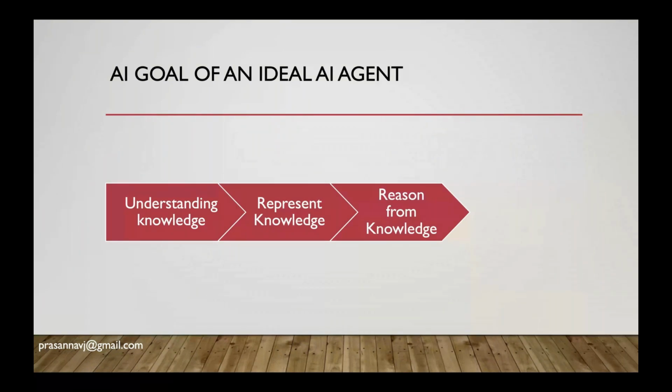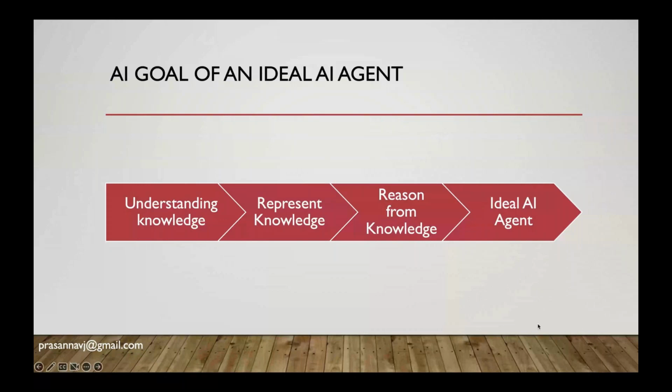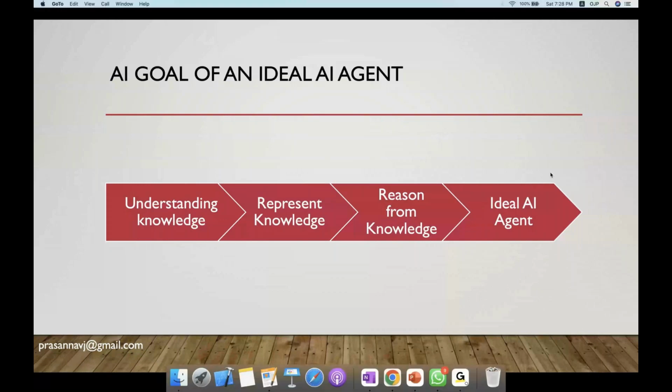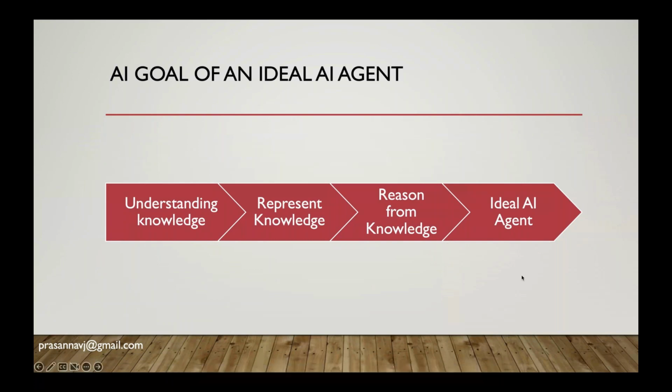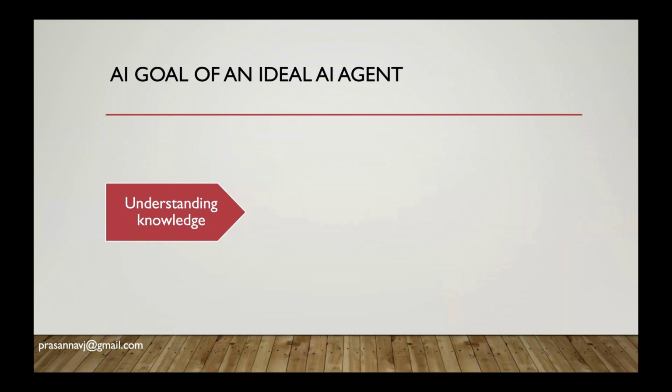It has to understand what is going on in the knowledge as such, and that will enable us to reach the final goal of becoming an ideal AI agent, right? So let us start with understanding the knowledge part.